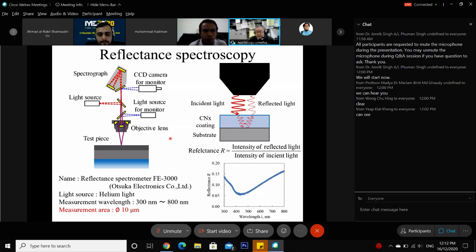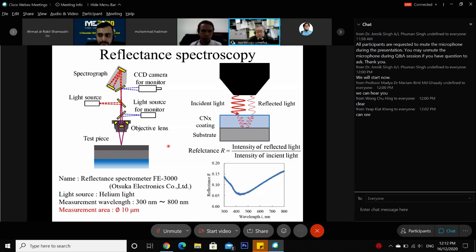This is, of course, reflectance spectroscopy. It's quite similar to the interference method, but by checking the spectrum of the reflected light, wavelengths and reflectance, we can detect not only the thickness of the film, but also the material.